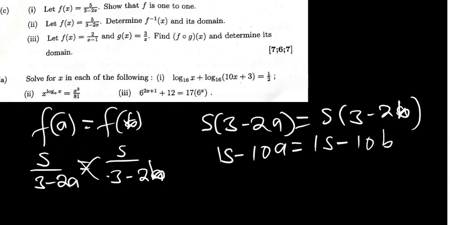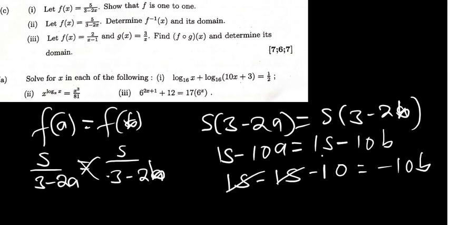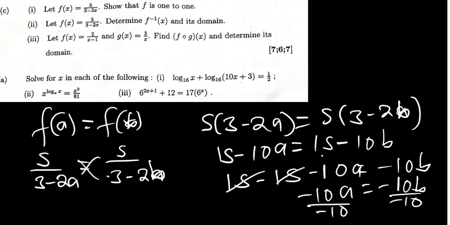So I know that this guy, if it comes this side, is going to be 15 minus 15 minus 10a has to be equal to negative 10b. So these will cancel, they'll give us 0. So we're going to have negative 10a is equal to negative 10b. I can divide both sides by negative 10. I can see that what I'm going to have is a is equal to b.